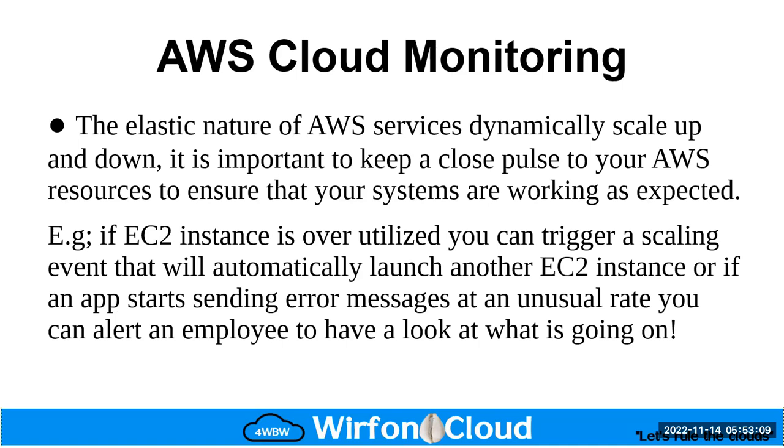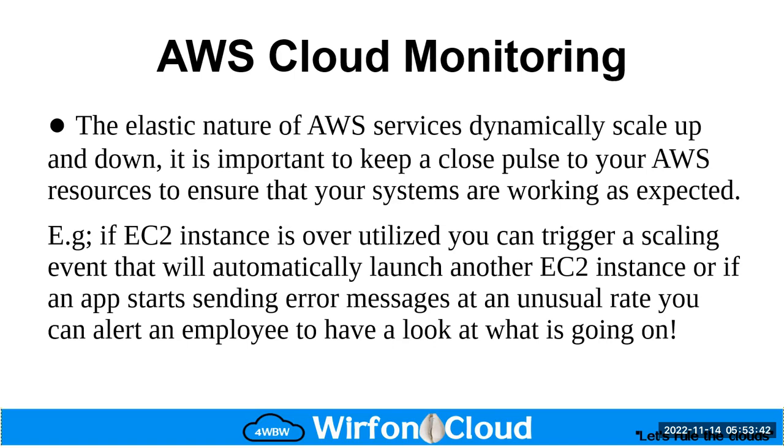Again, I mentioned the elastic nature of AWS services, where they dynamically scale up and down. It is important to really keep a close pulse on your AWS resources to ensure that your systems are working as expected. For example, if you have your EC2 that is overutilized, you can trigger a scaling where more EC2 will be launched.